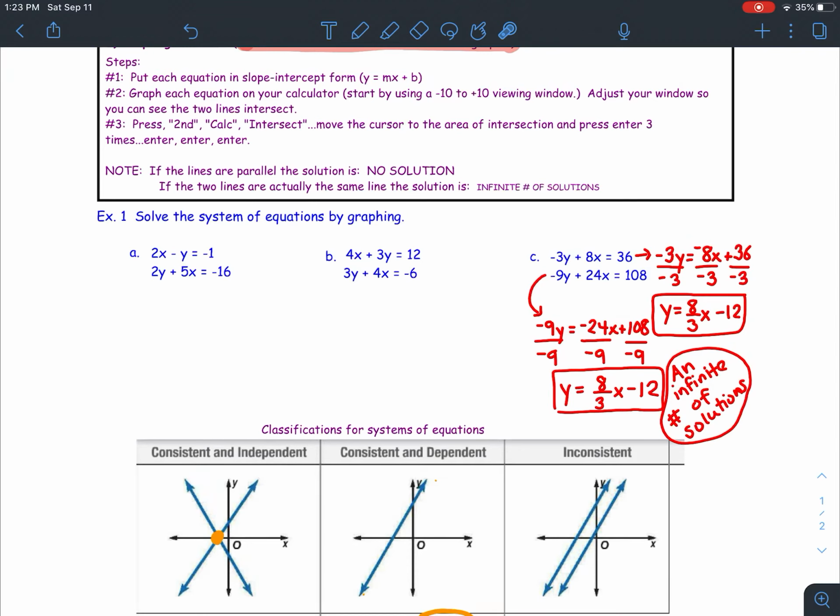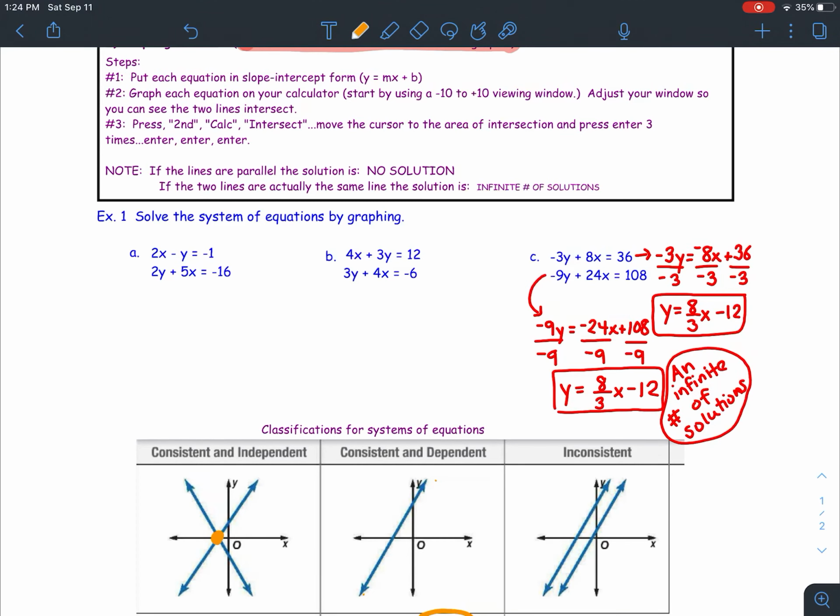And so in theory, I wouldn't even have to graph this because I can see that I'm really graphing the same line twice, which falls on this middle situation where they have an infinite number of points in common. So I'm just going to write that my solution is an infinite number of solutions. That would be a situation where you actually would not have to graph it if you realize that both the slope and the y-intercept were exactly the same.